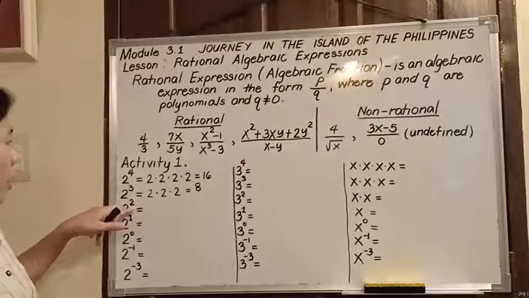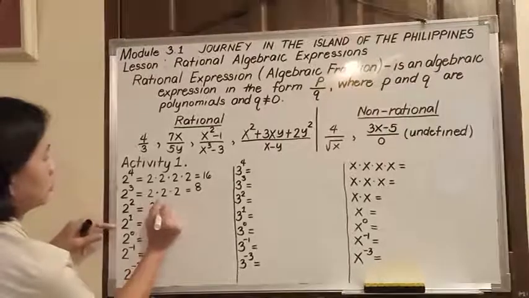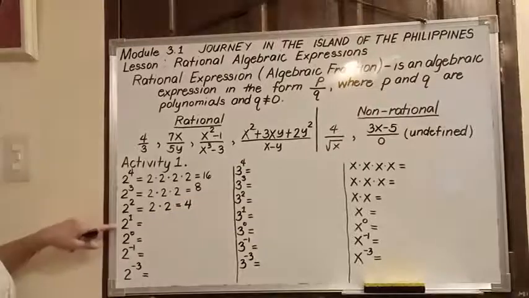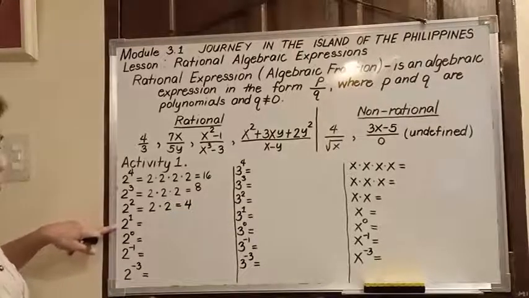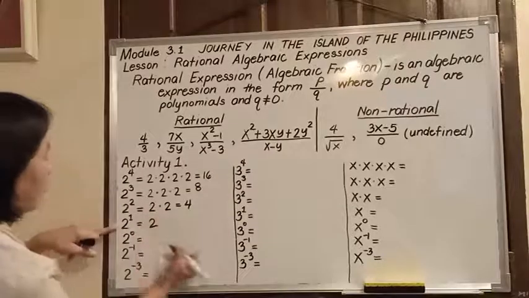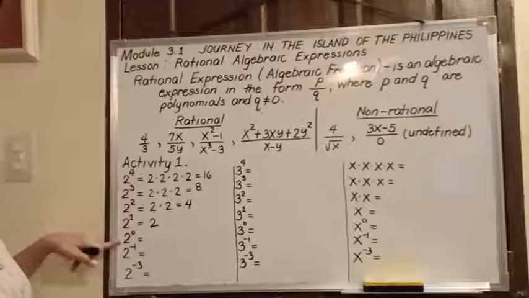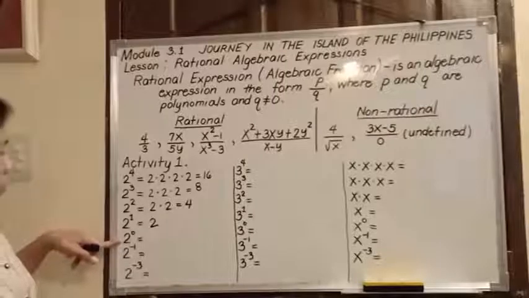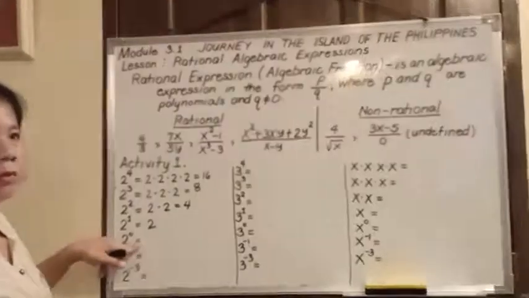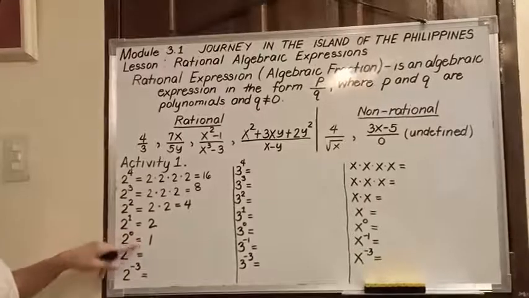So 2 squared or 2 raised to the 2nd power is equivalent to 2 times 2, and that is positive 4. 2 to the 1st power, if the exponent is 1, then the value is the base itself. How about if the exponent is 0? Any base, any number, any variable for the base, if the exponent is 0, the value is always equivalent to positive 1.